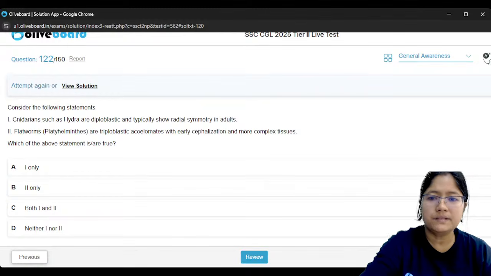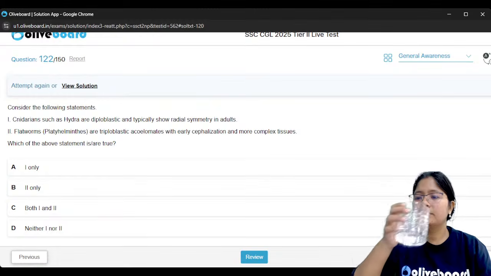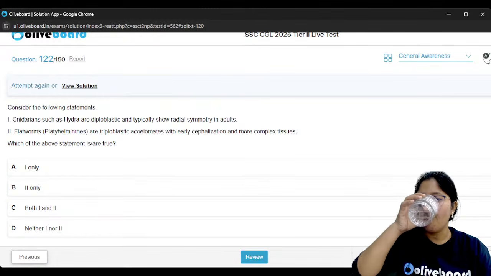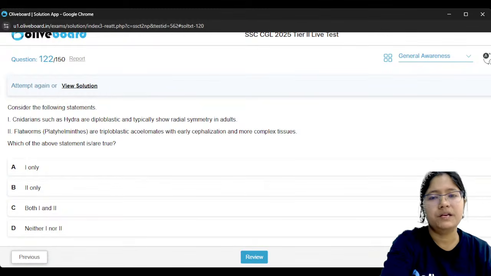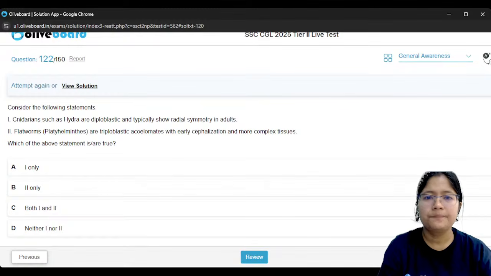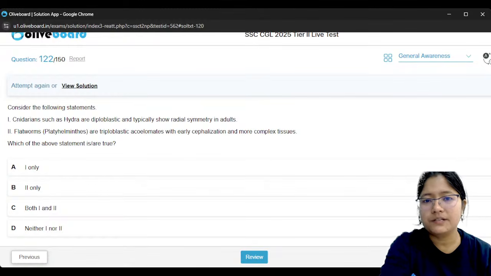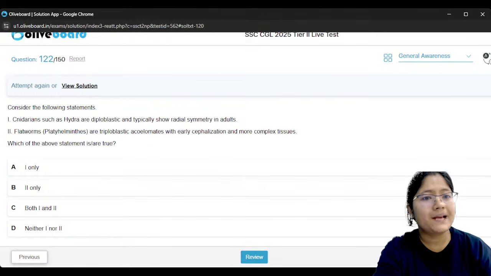Flatworms, Platyhelminthes, are triploblastic acoelomates. We have discussed that some can be coelomates or some can be acoelomates. All this we have studied, with early organ systems and major complex tissues.